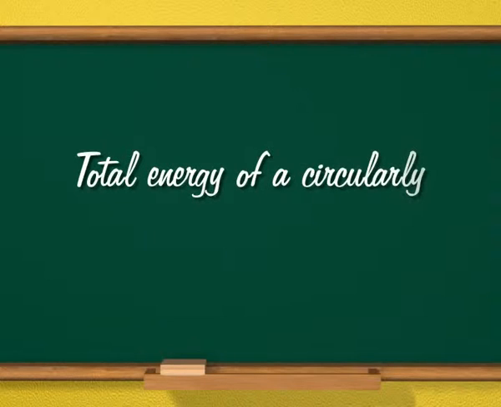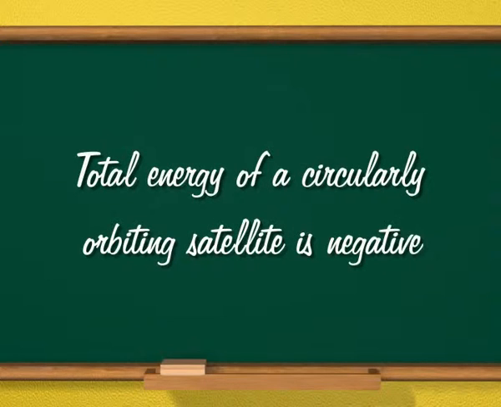It is important to point out that the total energy of a circularly orbiting satellite is negative, with the potential energy being negative but twice in magnitude of the positive kinetic energy.